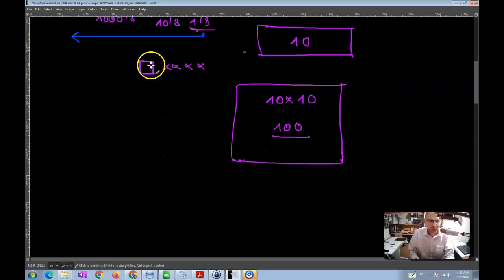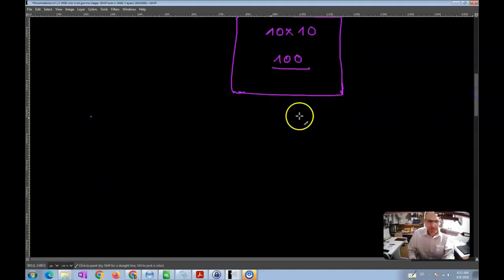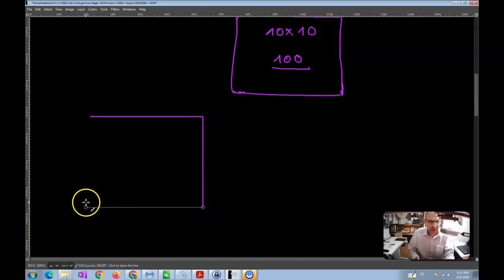Suppose that I have this cube over here, and I make it a little bit larger so that we can work with it, and I will divide this cube into 10 equal parts.